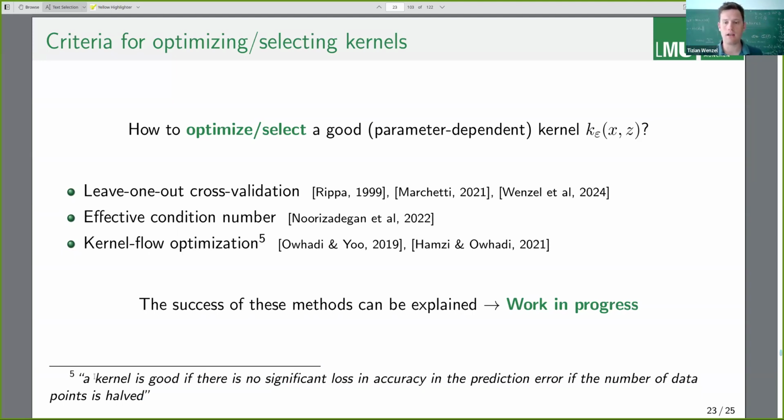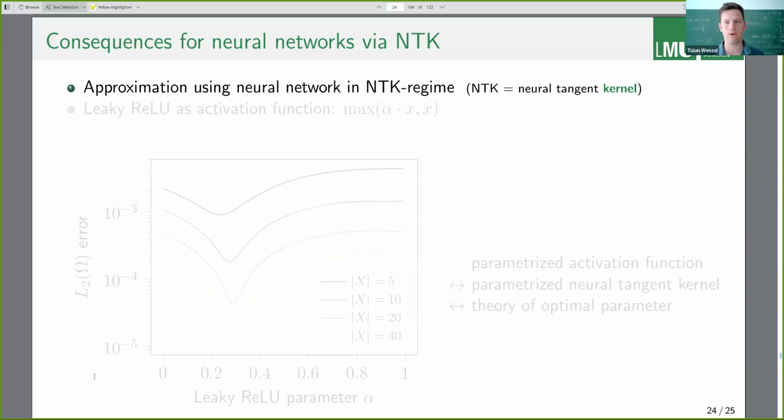And one more interesting application of this work is also the use for neural networks. Because neural networks are nowadays used very much in practice, and we can carry over some of the results which I presented here also to neural networks.